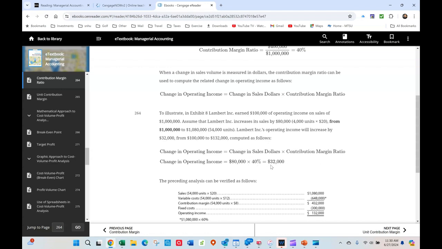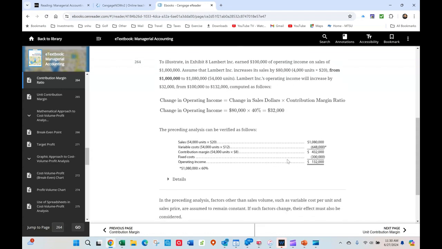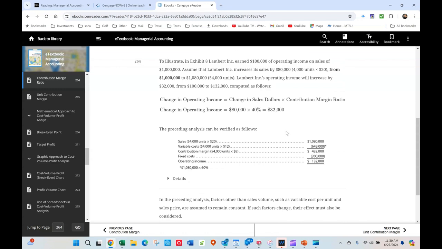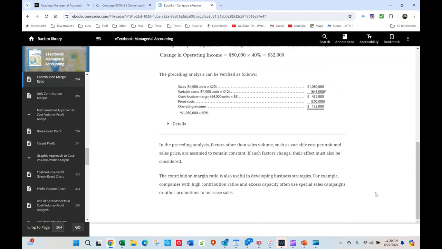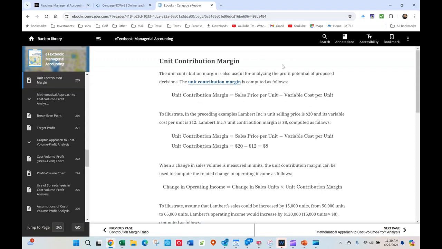Okay, so 80,000 times the contribution margin ratio will give you the change in income. And you can see here that before we made 100,000, now we're making 132,000. And that's the $80,000 change in sales times the contribution margin percentage.